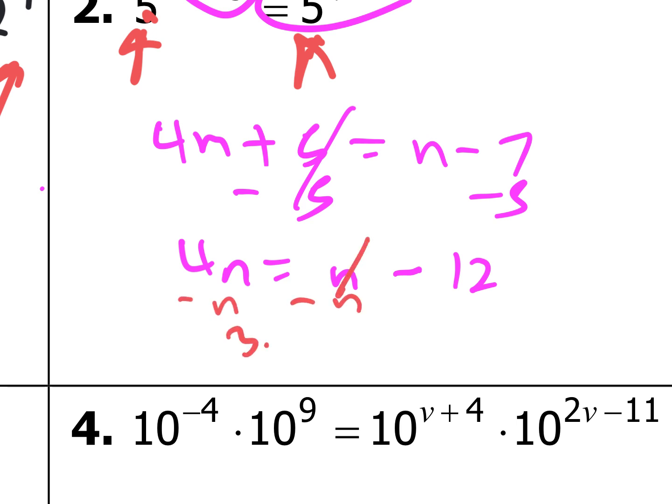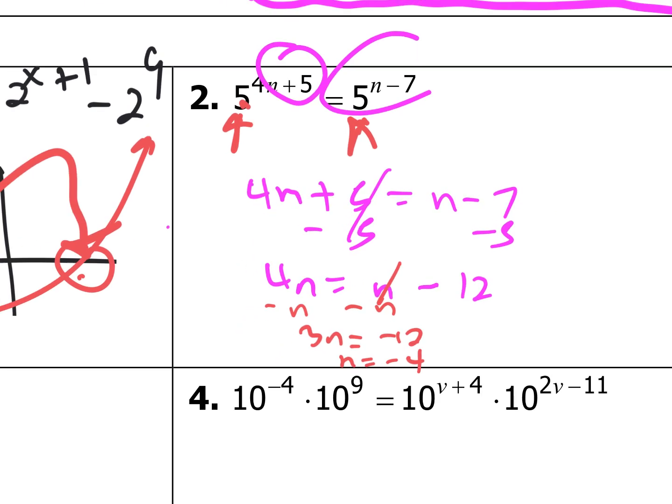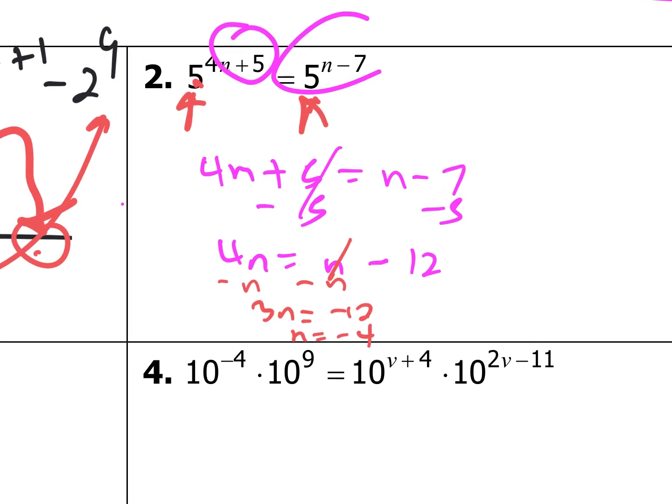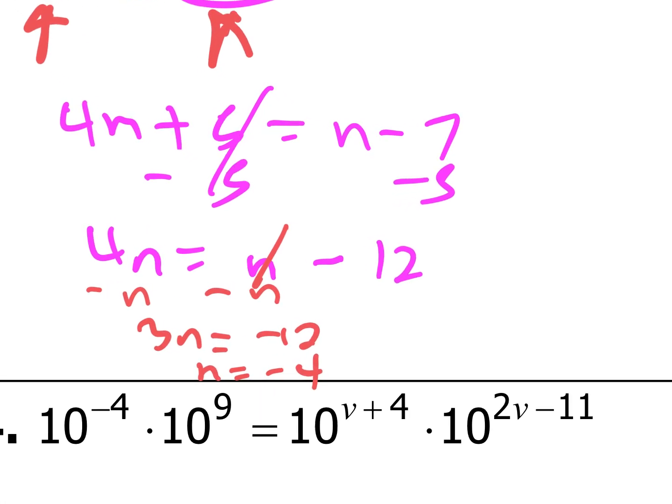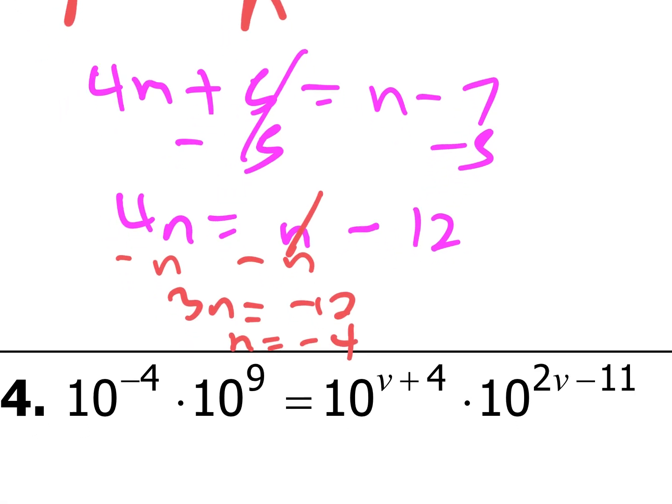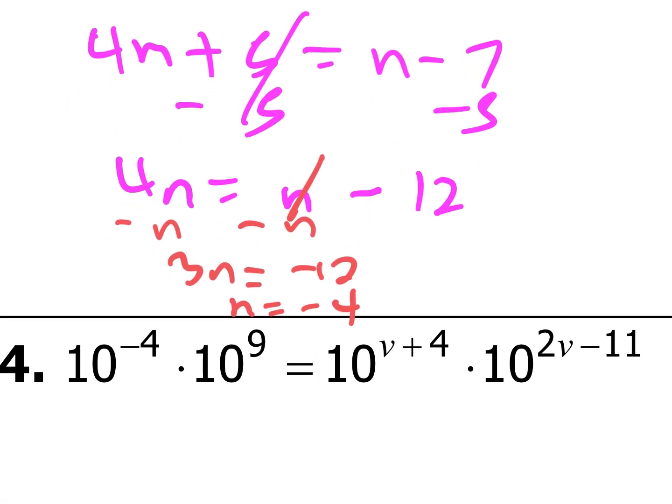That gives me 3n equals negative 12. Now I divide both sides by 3, n equals negative 4. Where'd you get the 3? 4n minus an n is 3n. I have to subtract n from both sides.